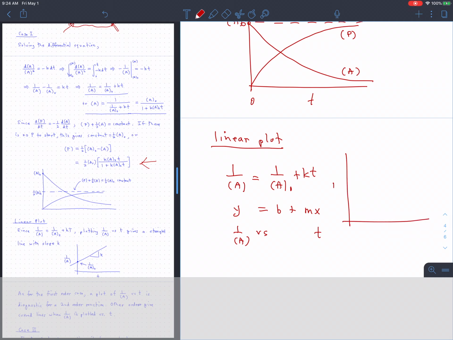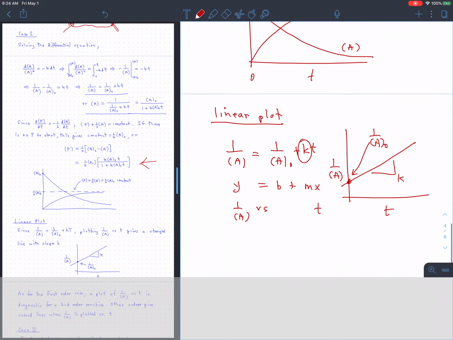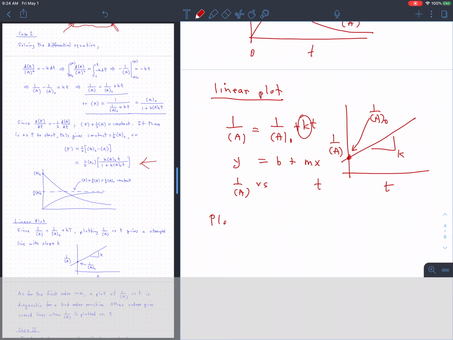The slope should be equal to k, and the intercept should be equal to 1 over A0. So a plot of 1 over A versus t is diagnostic for a second order process.